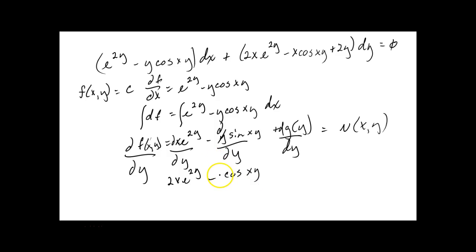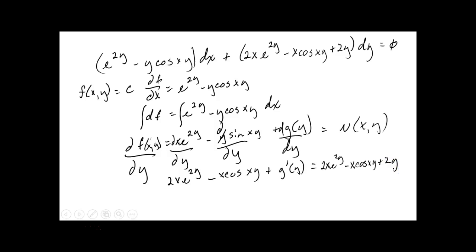So we put an x in front. Chain rule. Okay? Plus your g prime. Right? And this is supposed to be your N of xy. Here's your N: 2x e to the 2y minus x cosine of xy plus 2y.